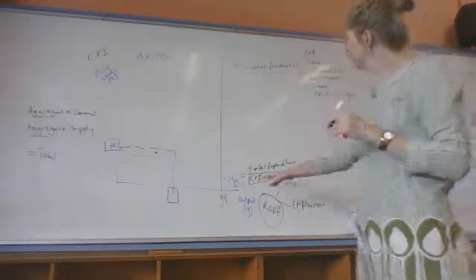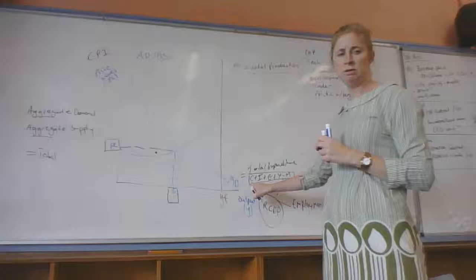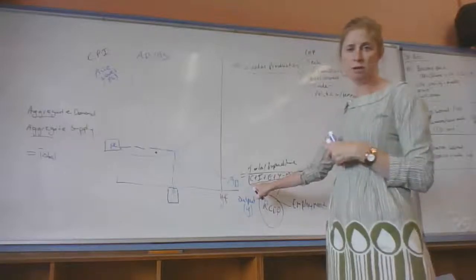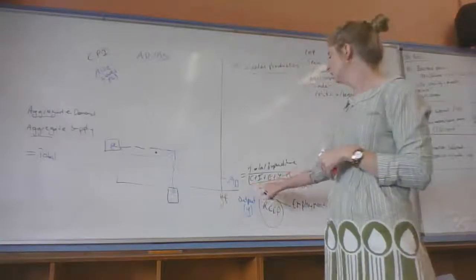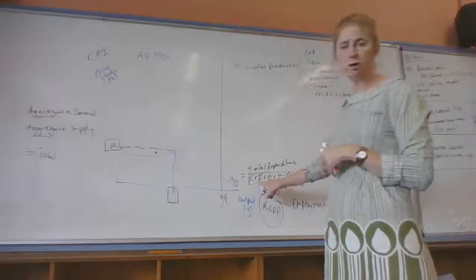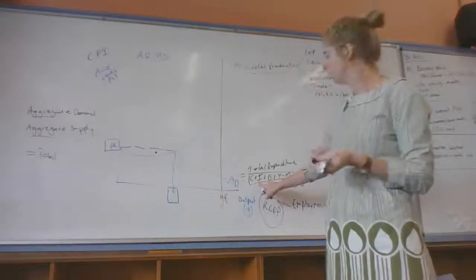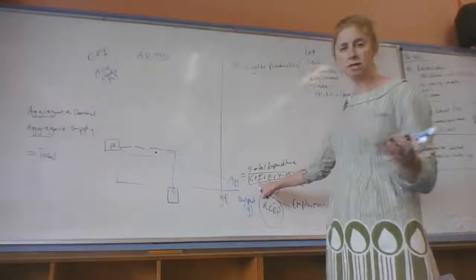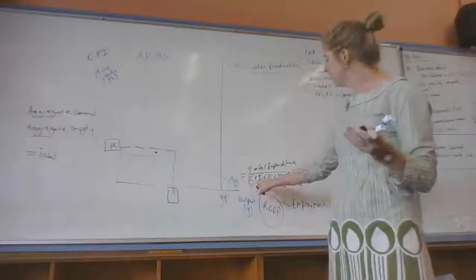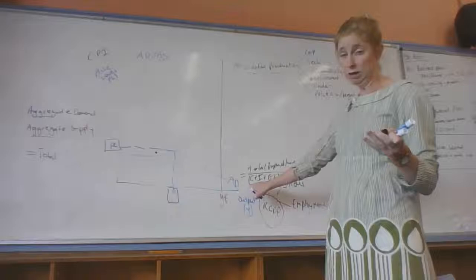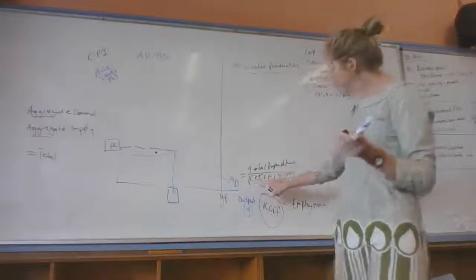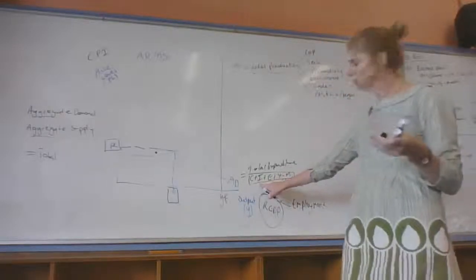Aggregate demand equals consumption, so total household consumption in the economy. It equals all the expenditure by firms on capital, which is called investment. This goes back to the circular flow model, the spending by different sectors, the money flows. So you've got household consumption, or you called it consumer spending last year, and investment by firms on new capital goods.